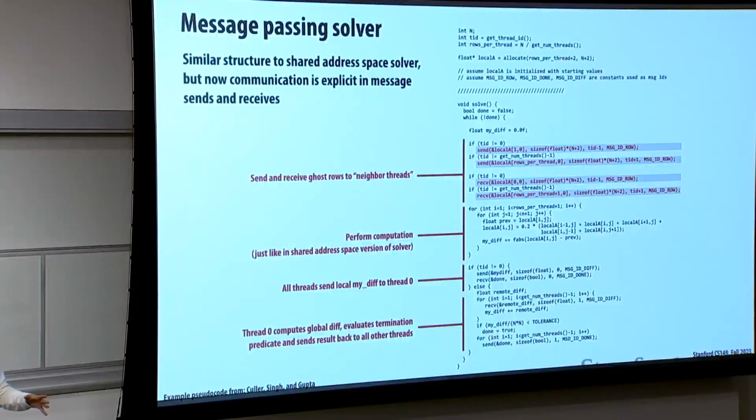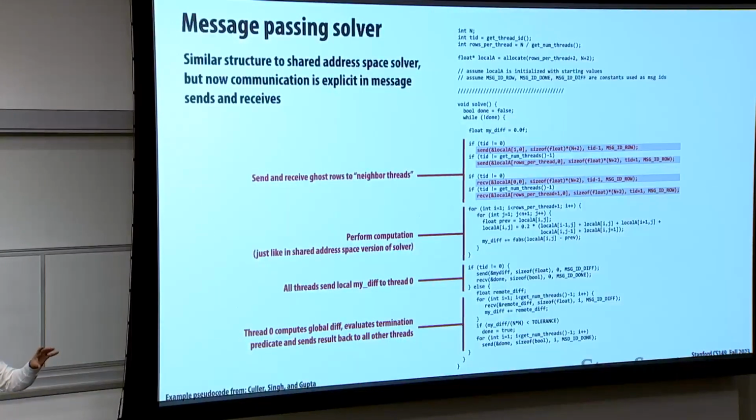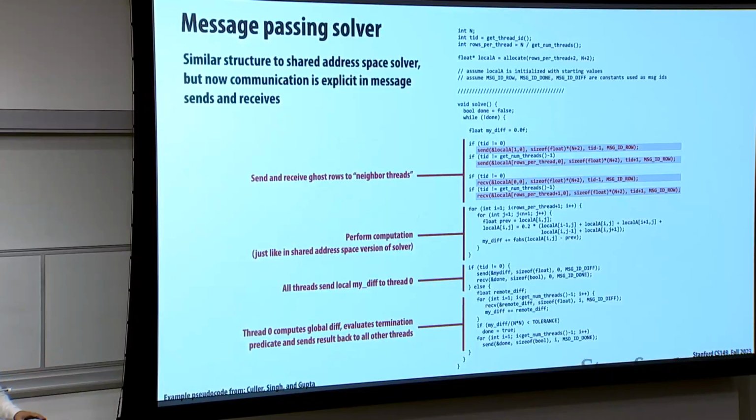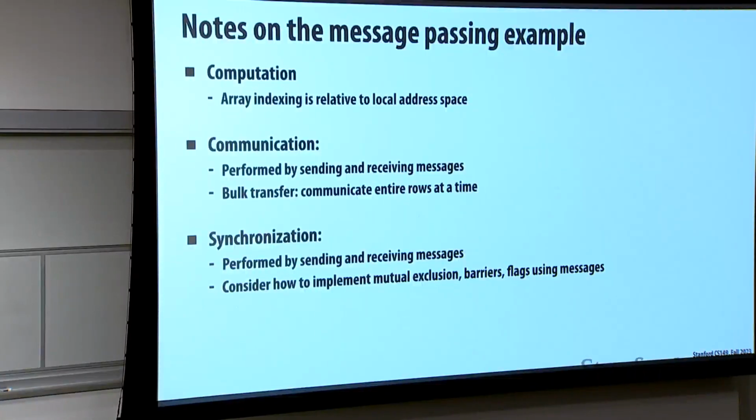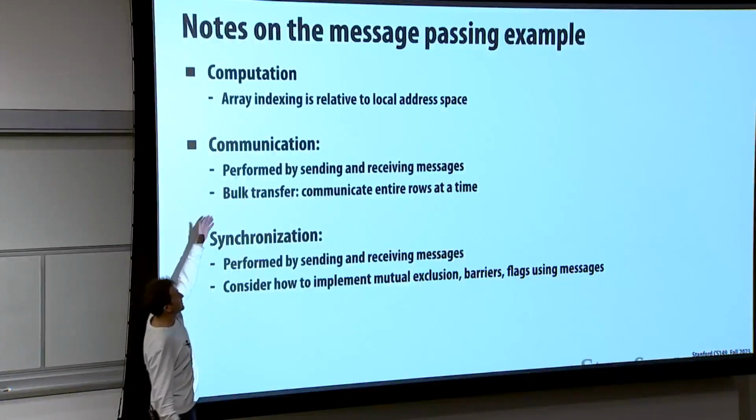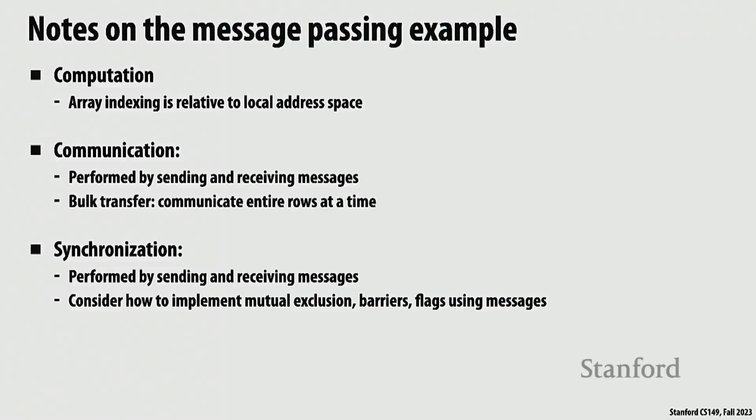Whereas before in the shared address space, I did some math to make sure that everybody was iterating over different indices. So array indexing is relative. Communication is performed via sends and receives. In this case, we decided to send many elements at a time, and then, for efficiency, do one send instead of a bunch of little ones. And synchronization is not done through locks and barriers.